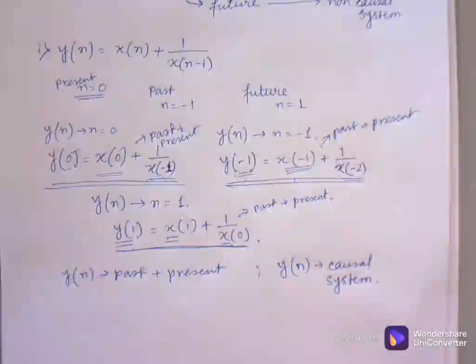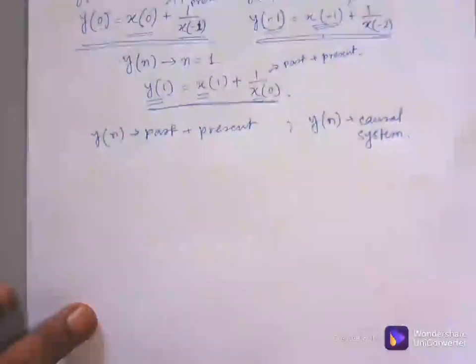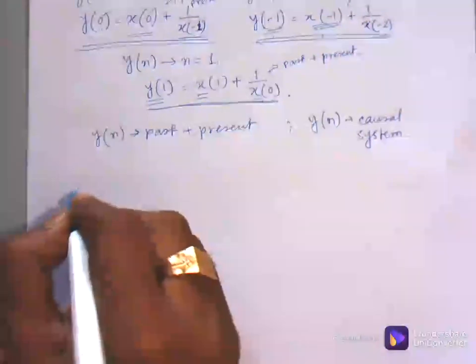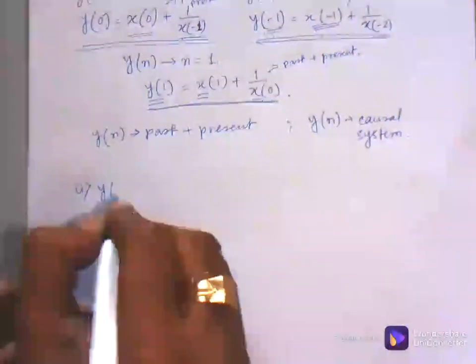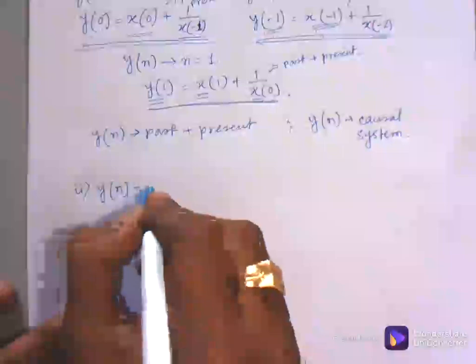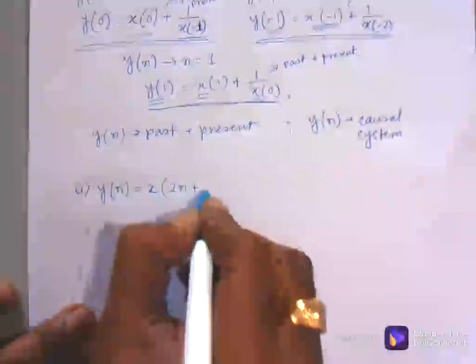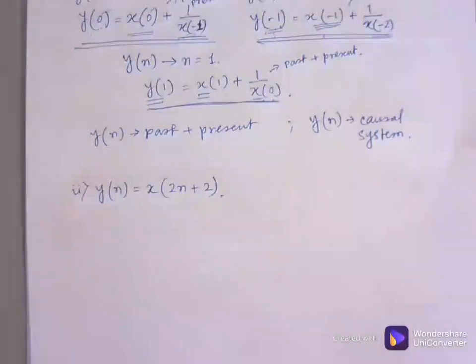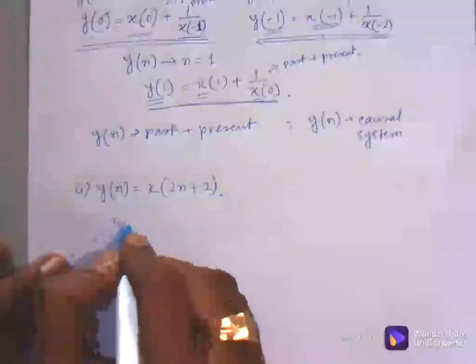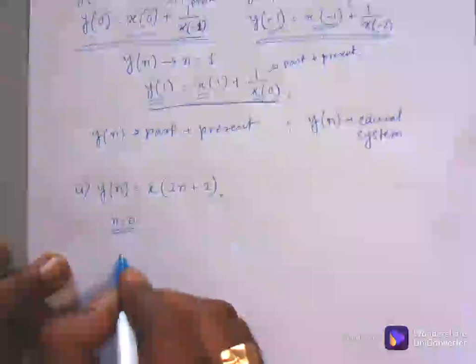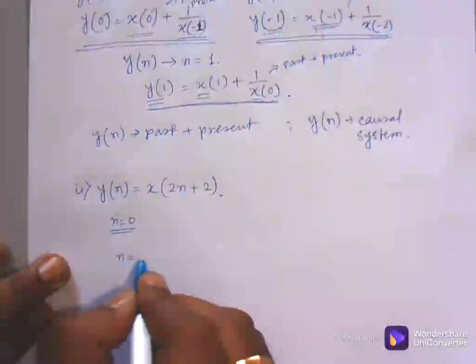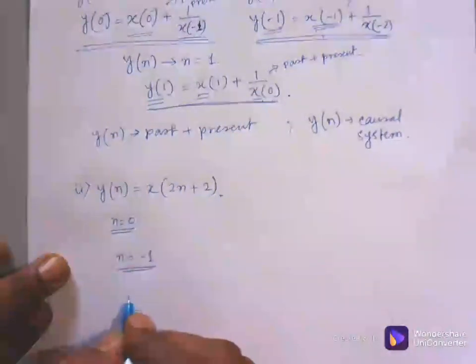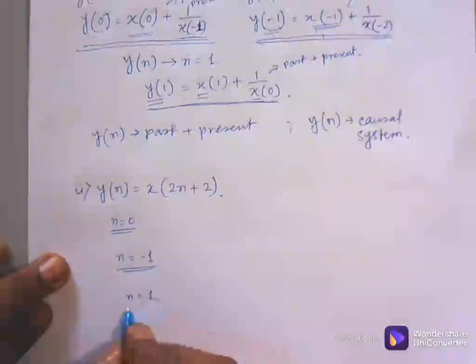Okay, so next is taking another example, y of n equal to x of 2n plus 2. So again I have to take 3 values, n equal to 0, n equal to minus 1 and n equal to 1.